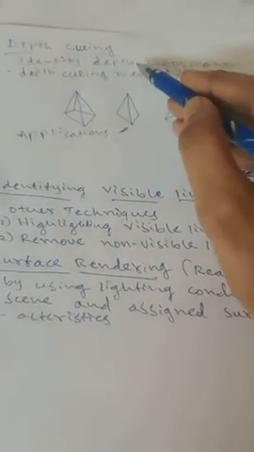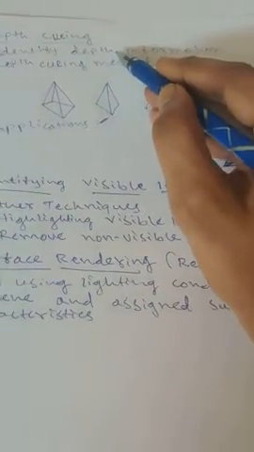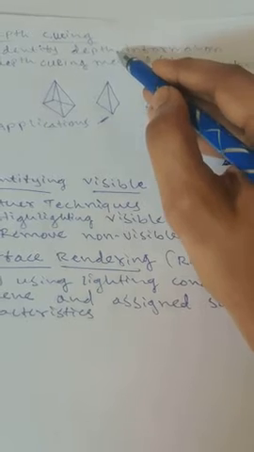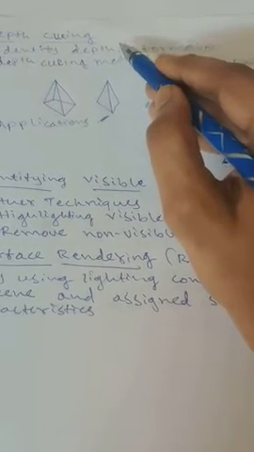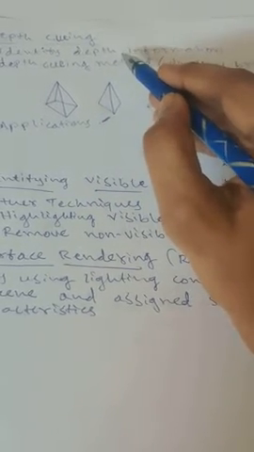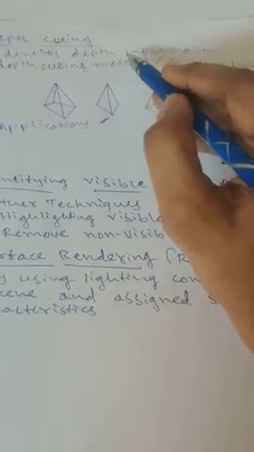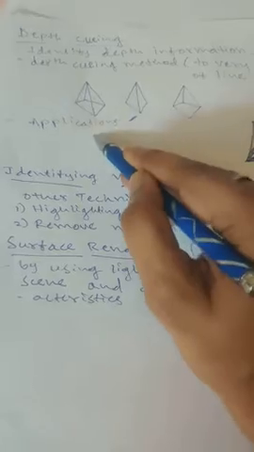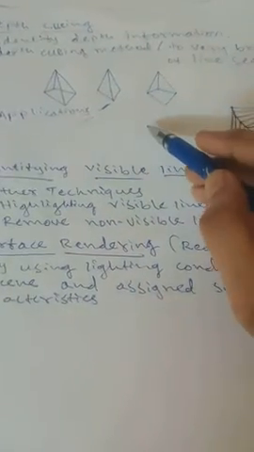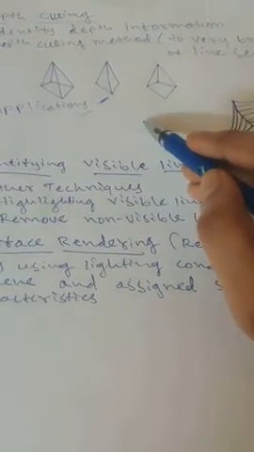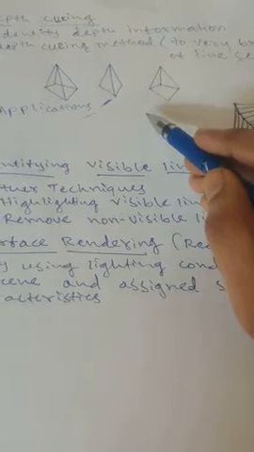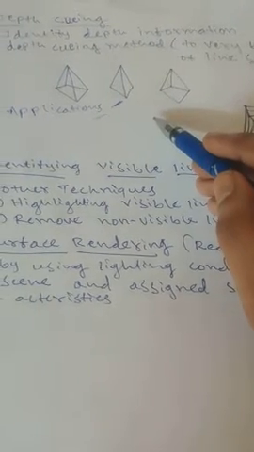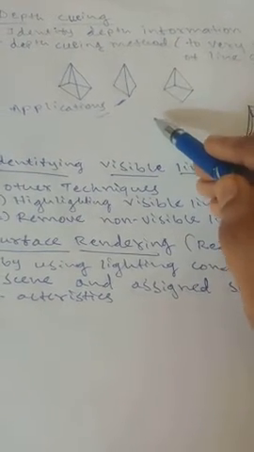Depth cueing is applied by choosing a maximum and minimum intensity value and a range of distances over which the intensity is to vary. Some applications of depth cueing are, first, modeling the atmospheric effect on the perceived intensity of an object.